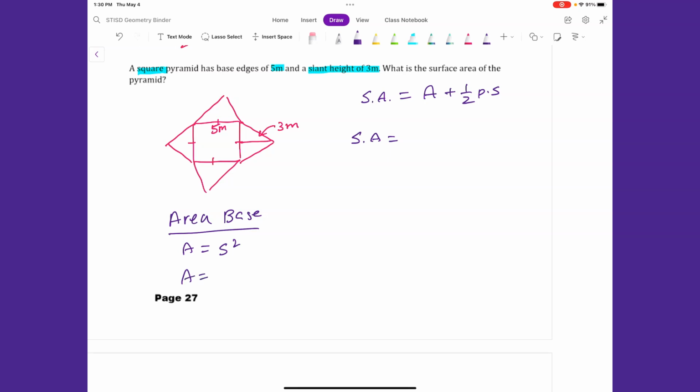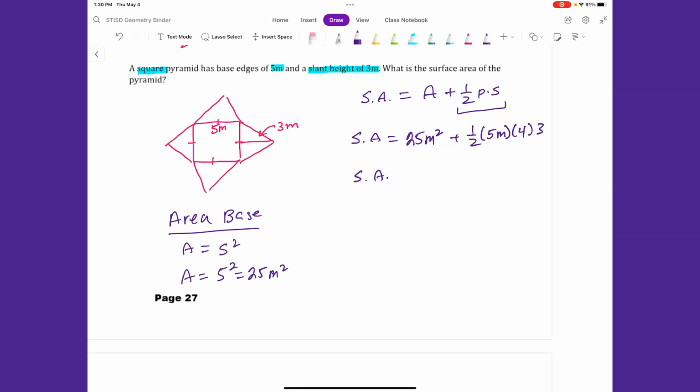This area is going to be 5 squared, which gives you 25 meters squared. The area of the base is 25 meters squared plus, now we have to find the lateral area. This is going to be 1/2 the perimeter. Each side is 5 meters and there are 4 sides. The slant height is 3.